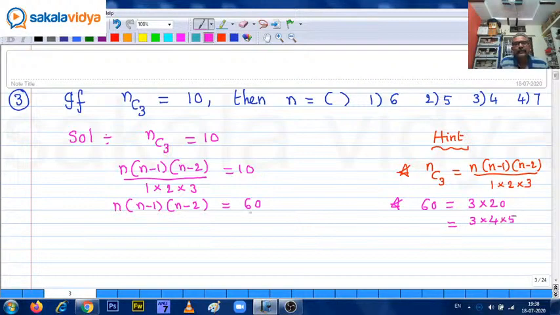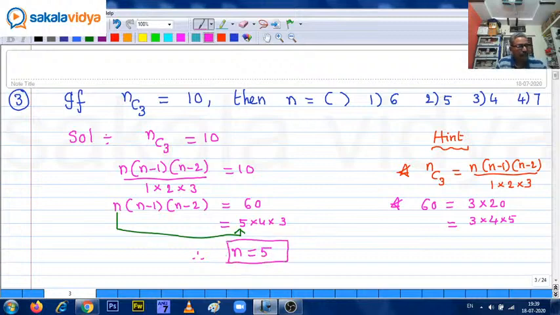Yes, this we can write 5 times 4 times 3 as a product of 3 consecutive numbers. So that means actually here see, the n must be equal to 5, or n minus 1 equals to 4, you get n is equal to 5 only. So that means therefore n equals to 5. So second option is the right option.